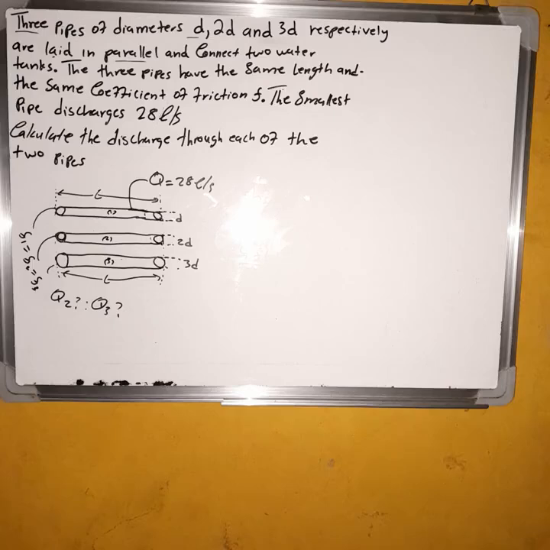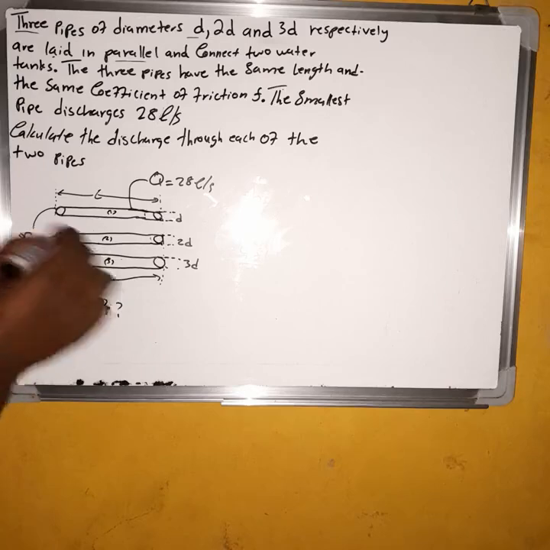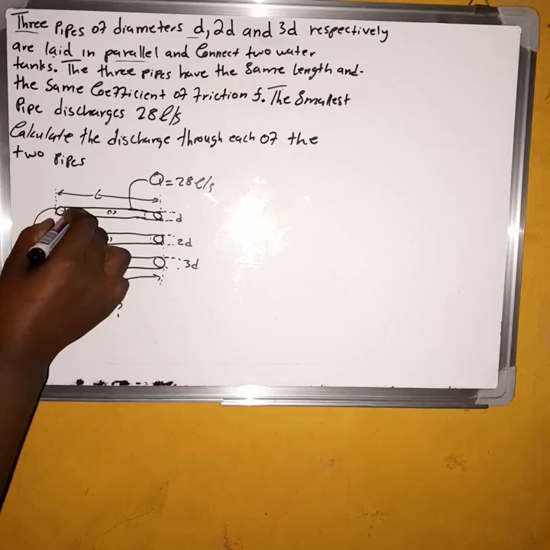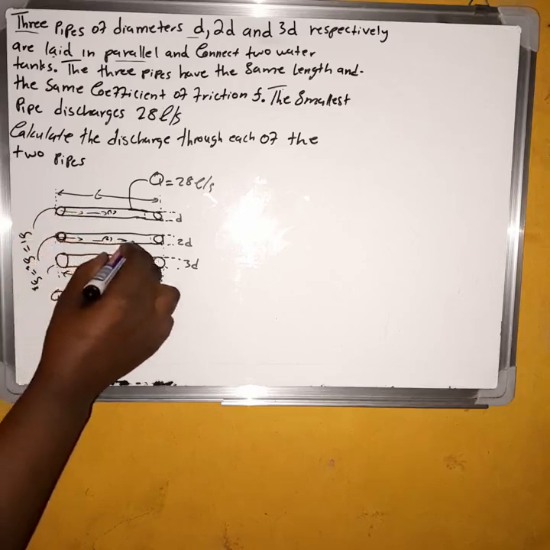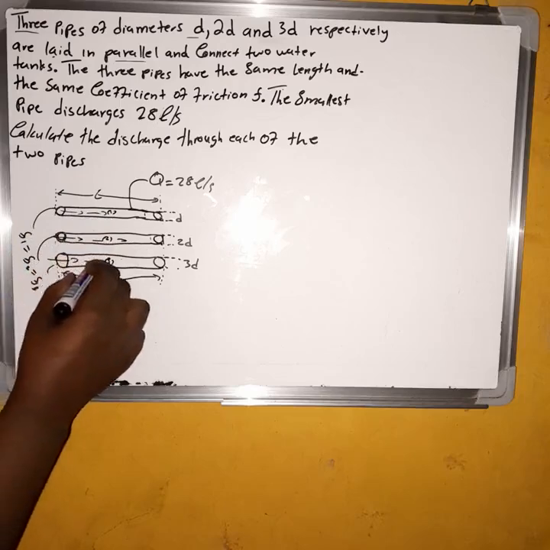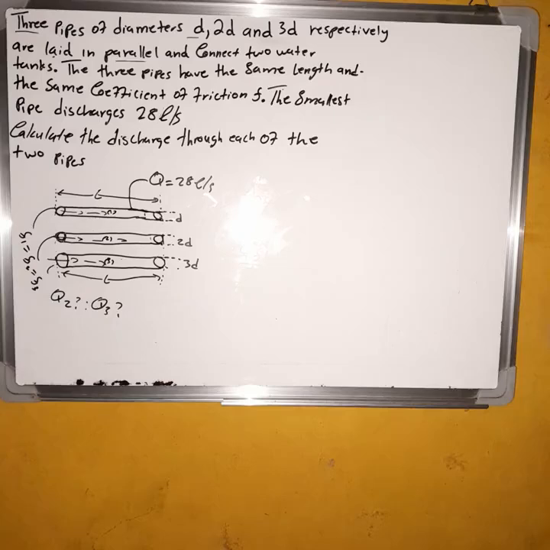We must know what we're dealing with. There must be water discharge here. This area shows that there's flowing water. Now we apply what we know.